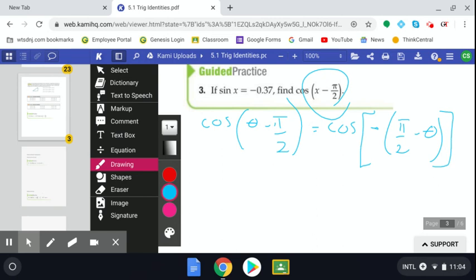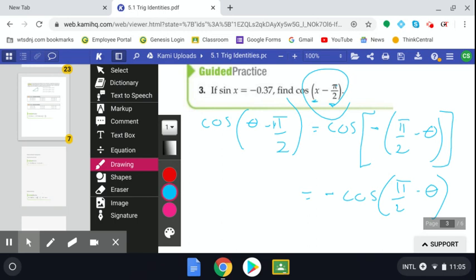Once again, I want this to be positive and that to be negative. So I pulled the negative out, which in turn gives me that cosine of theta minus pi over 2 should be equal to negative cosine of pi over 2 minus theta. So the idea here is just to make sure that I have pi over 2 minus theta, not theta minus pi over 2 or x minus pi over 2.